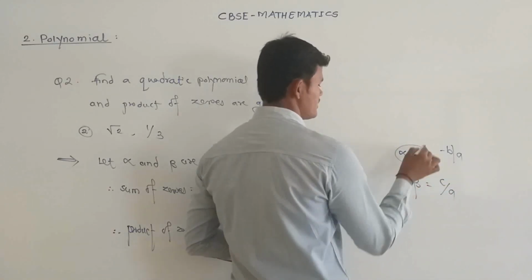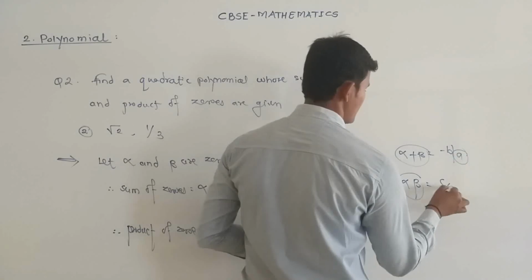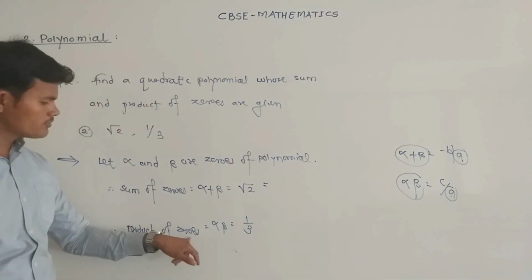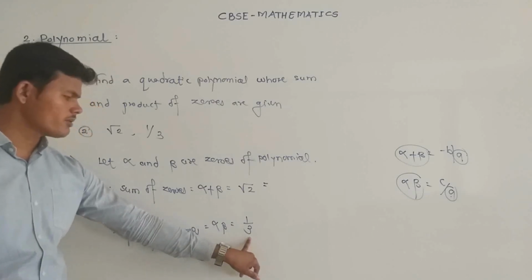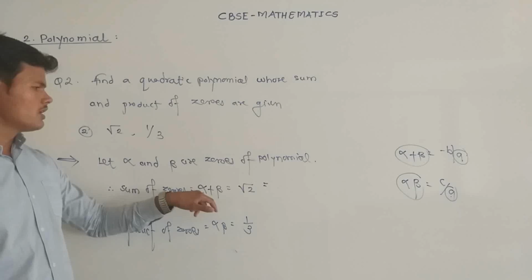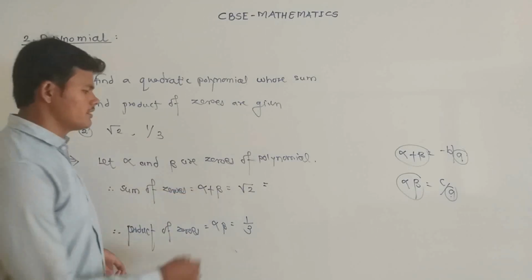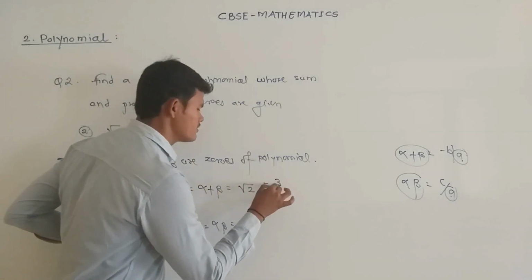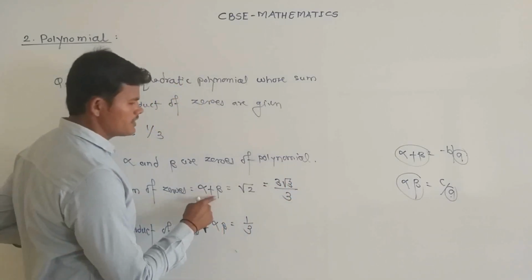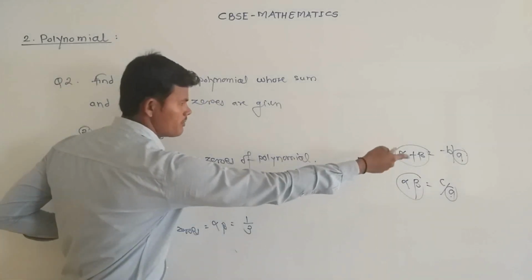For both relationships the denominators are the same, that is a, the coefficient of x square. From product of zeros, we get the value of a is 3. So for alpha plus beta, the value is 3 under root 2 divided by 3, because alpha plus beta is minus b by a.